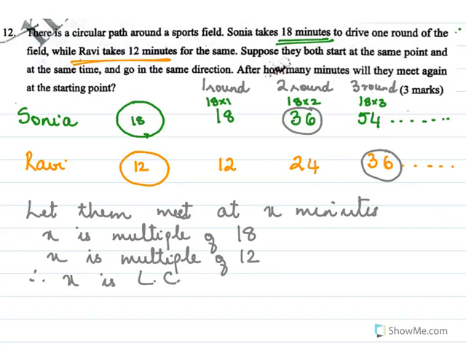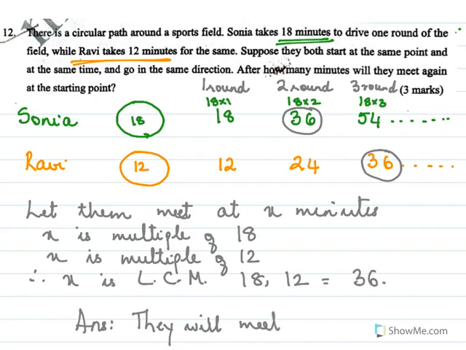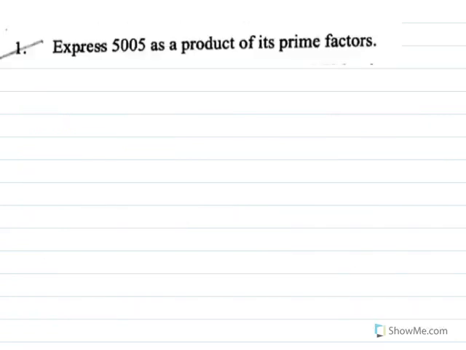So therefore x is the least common multiple of 18 and 12, and you find the LCM of 18 and 12, that will be 36. So the answer is they will meet after 36 minutes. However, Ravi would have taken 3 rounds by then, and Sonia would have taken just 2 rounds.